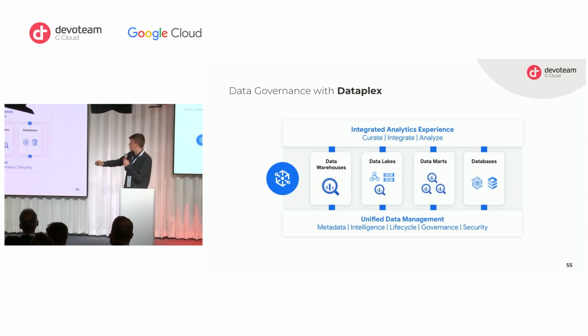It's a unified data management layer on top of your BigQuery, cloud storage, or even OLTP databases, to be able to do quality checks, data profiling, define the lineage, and create a data catalog next to a business glossary, right? So this is what Dataplex offers.